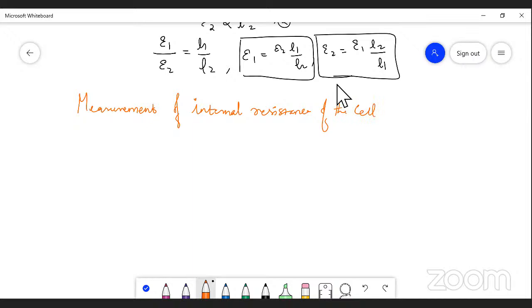Already you have studied the measurement of internal resistance of the cell using voltmeter. Now we are going to measure the internal resistance of the cell using potentiometer.